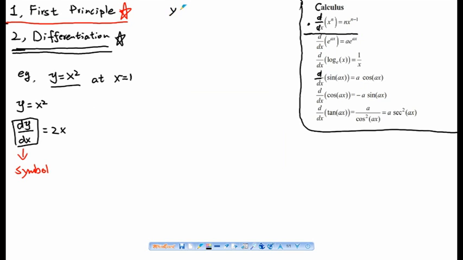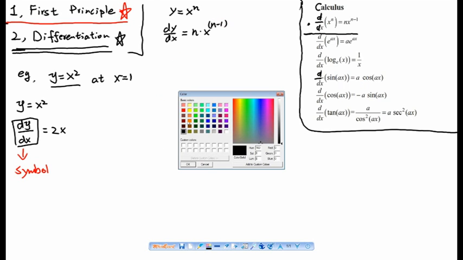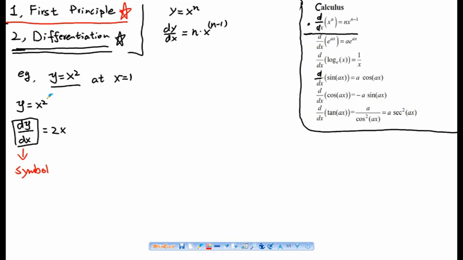When y equals x to the power of n, the differentiation of this function is n times x to the power of n minus 1. All I do is move the power to the front and subtract 1 from the power, and I will have 2x.